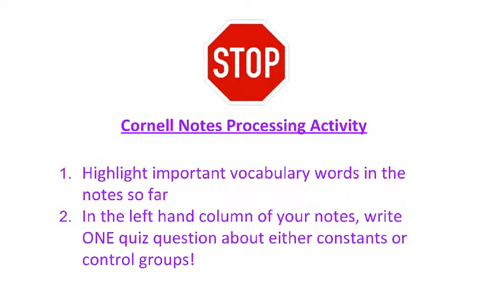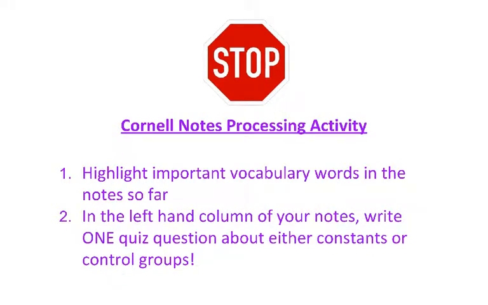So if you click on that little button and then go through your notes and highlight important vocabulary words, okay? Then your second processing activity, your second task, in the left-hand column of your notes, so over on the left-hand side in the little column, I want you to write one quiz question about either constants or control groups. So in other words, if you were the teacher and you had to write a quiz about this set of notes, what quiz question would you write and give your students about constants and control groups?